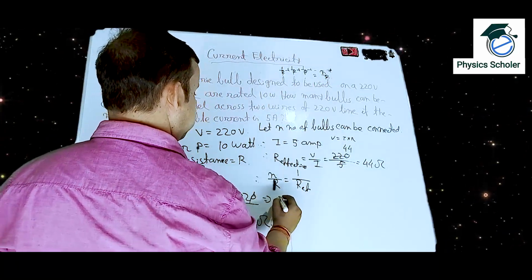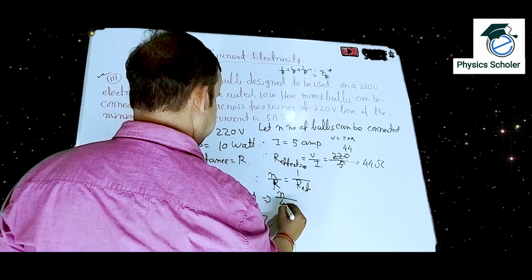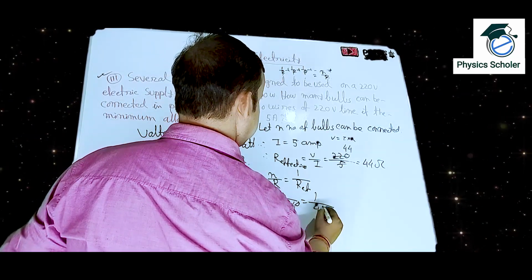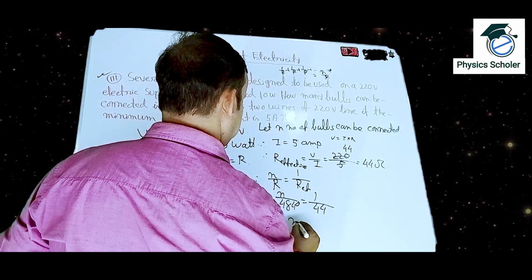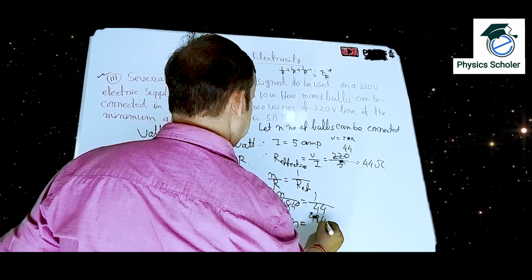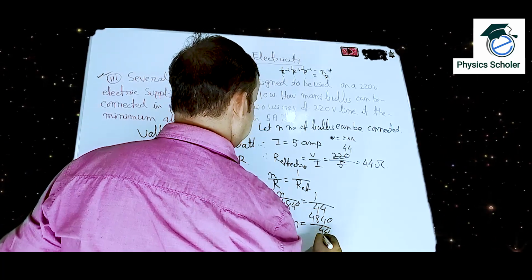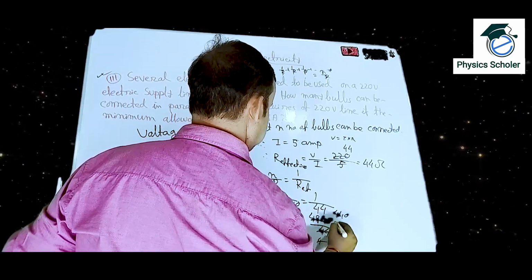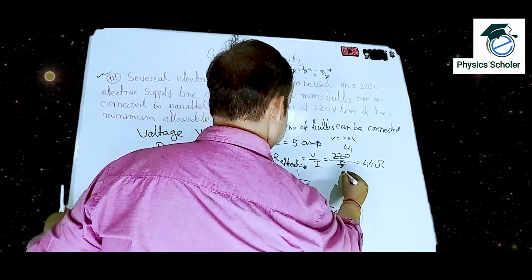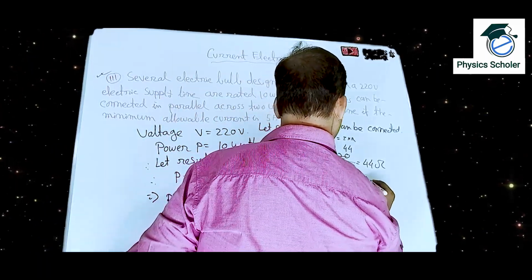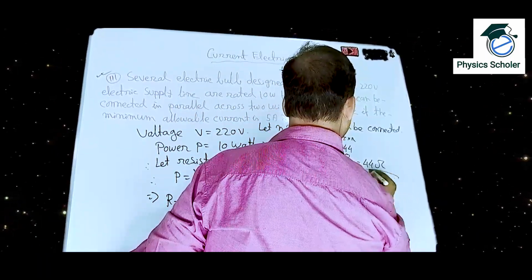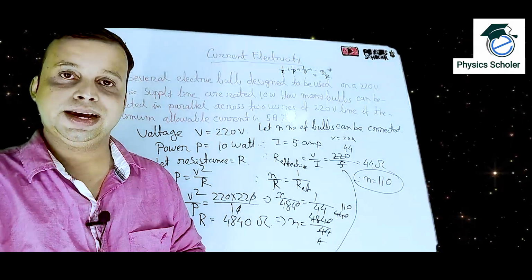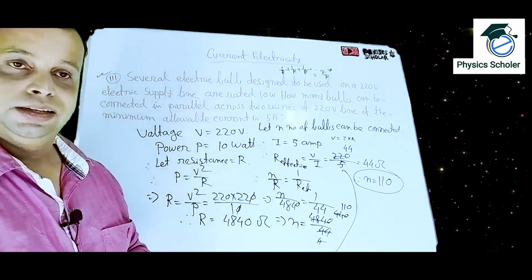So N by 4840 is equal to 1 by 44. Therefore n is equal to 4840 by 44. Therefore n is equal to 110. So how many bulbs can we connect? 110 bulbs can be connected in this circuit.